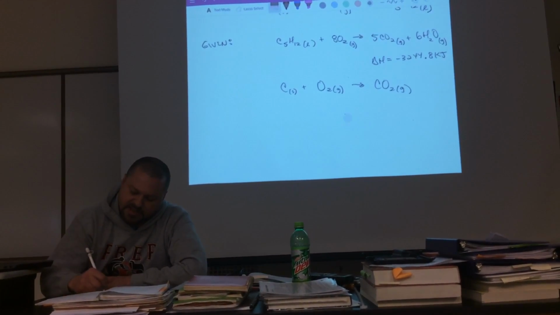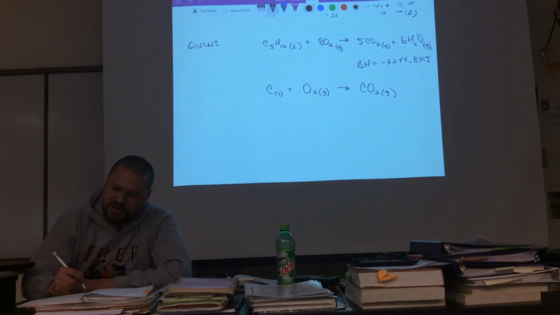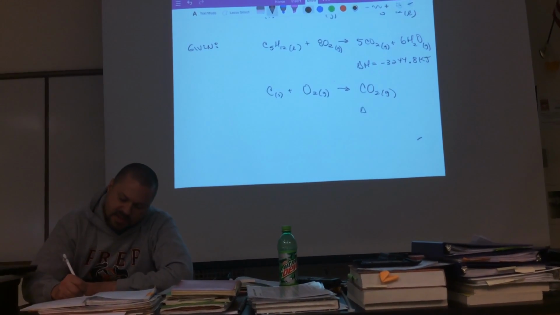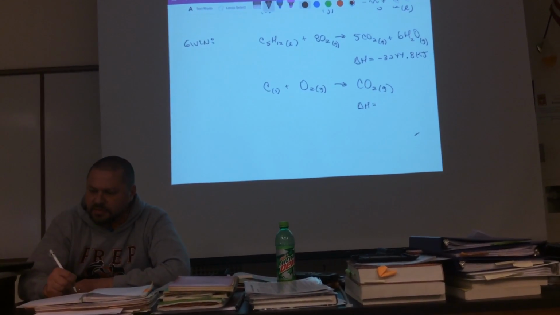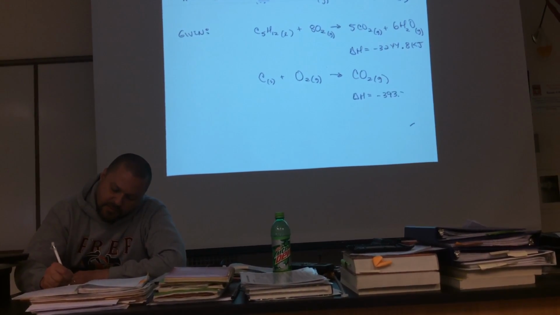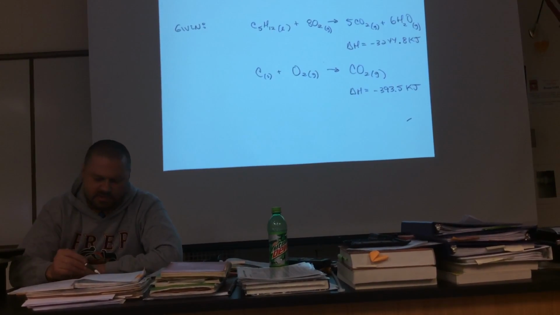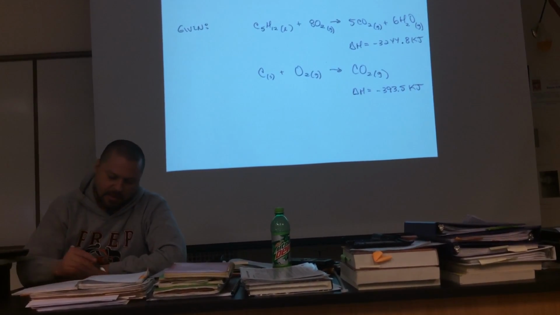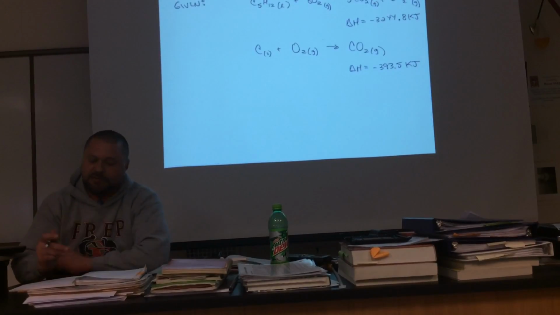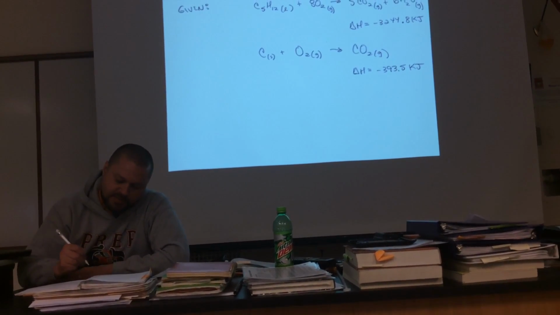Let's say these are reactions that we already performed in the laboratory and we know the results for them. So delta H for this one is equal to negative 393.5 kilojoules, and that's per 1 mole of each of those things because everything's in terms of 1 mole. Now I'm going to give you one more. I could give you 2, 3, 5, a whole bunch of equations, but I'm going to give you 3 for this example.